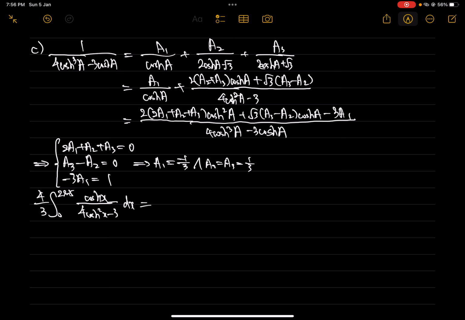That's just equal to, and that's just part A. Oops, excuse me there. Plus from 0 to 2 natural log 5 of this.